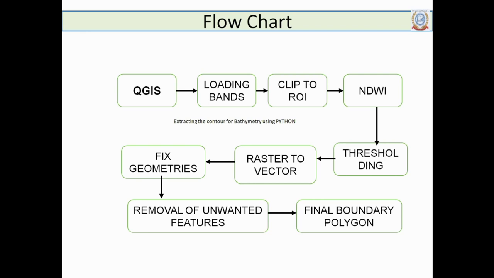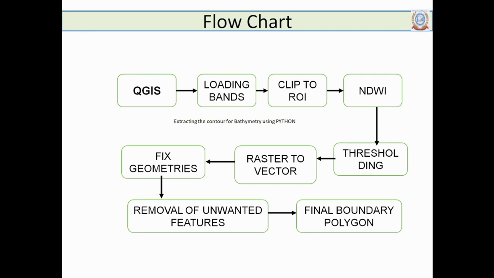Then we have to do the thresholding to separate the water body and the land portions. Then we will see how the raster to vectorization process takes place, which has already been touched upon by other faculties, but these are still the stages we need to do in a practical approach to extract the processing data.